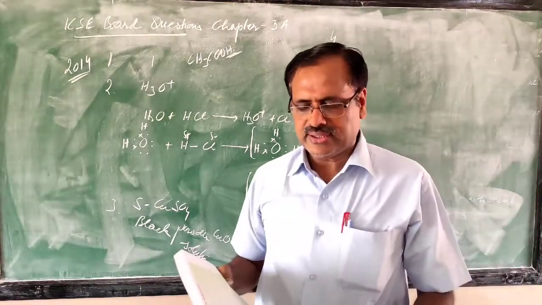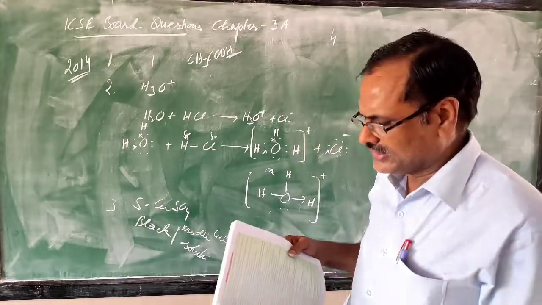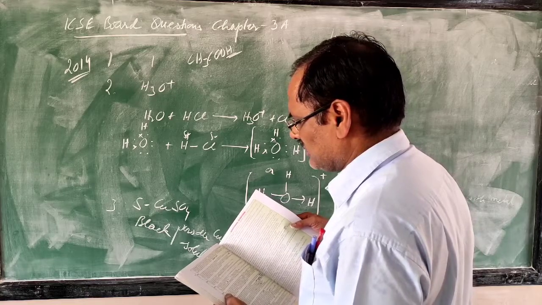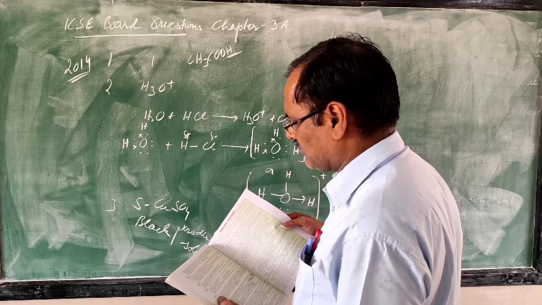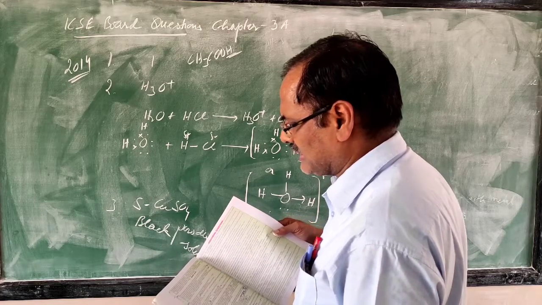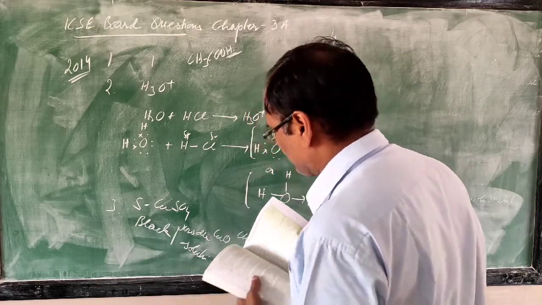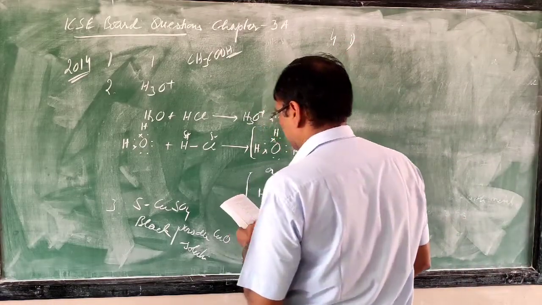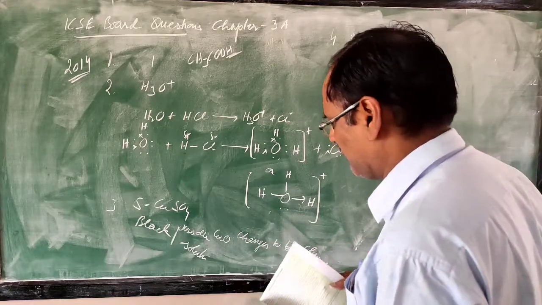Give a balanced equation for the preparation of the following salts using dilute sulfuric acid: lead sulfate from lead carbonate, sodium sulfate using dilute sulfuric acid, copper chloride using copper carbonate. First of all, it is asked to prepare lead sulfate from lead carbonate.